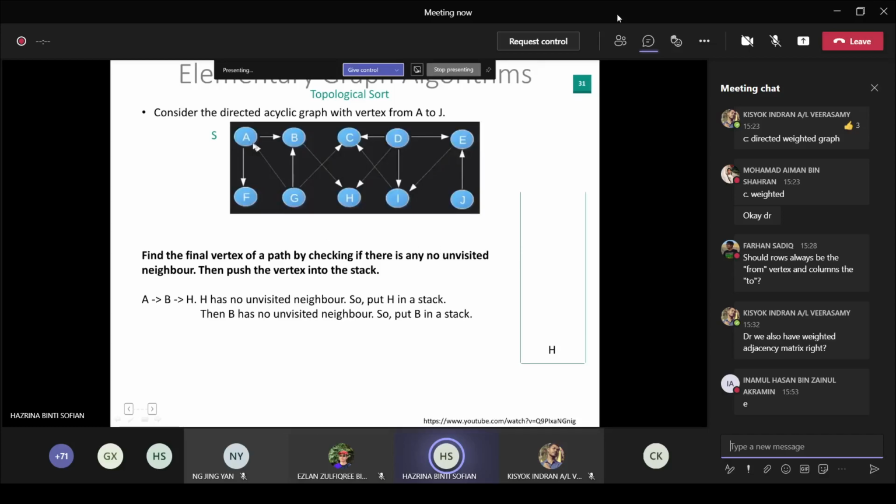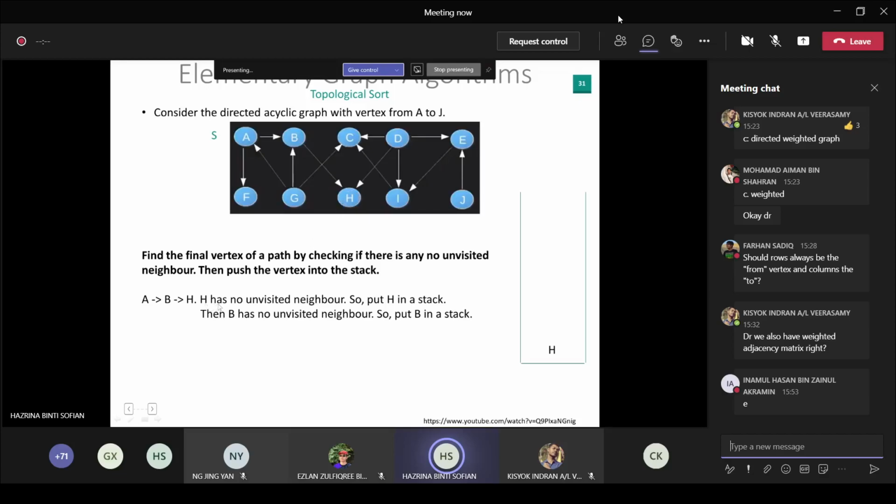So we will start from A. We check A can go to B, and B can go to H. Then for H, it cannot go anywhere else.